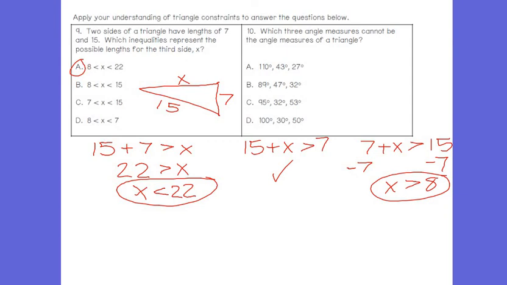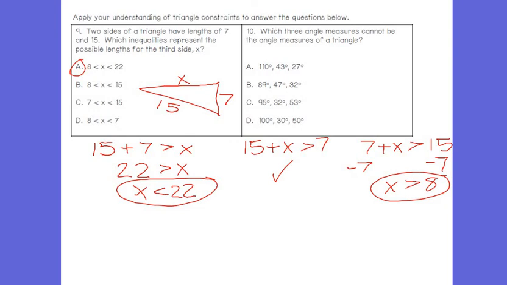Okay, well you're about to have one just like it. Let's look at number 10. It says which three angles cannot make a triangle? What must three angles add up to? 180. So I need to add all these together and see which ones do not equal 180.